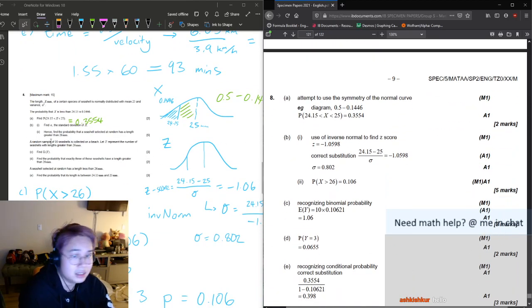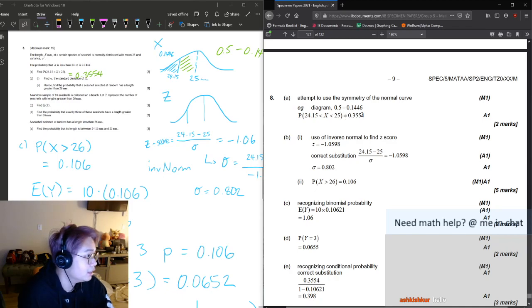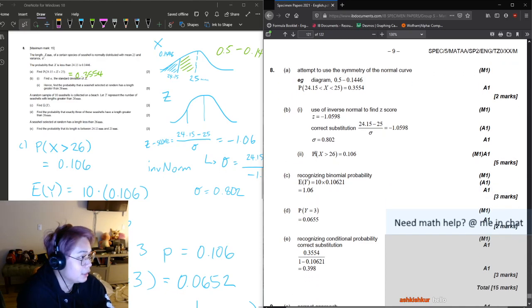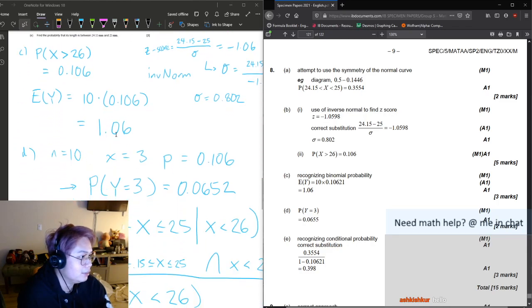Okay, and then probability stuff. 3.554, 3.554, that's good. Use the inverse. Our standard deviation is 0.82. I have 0.802. Yeah, same thing. Probability of greater than 26 right here, so that's good. Expected value 1.06. I checked that earlier. 1.06.